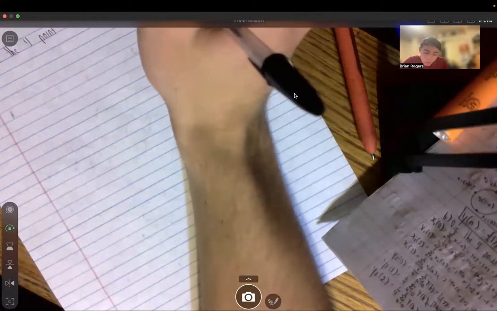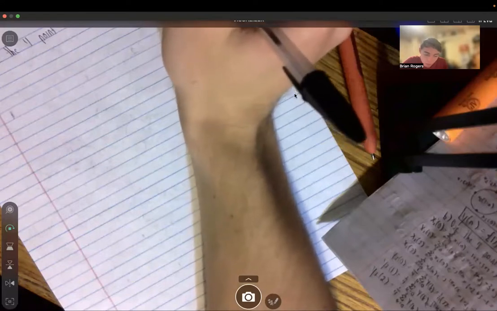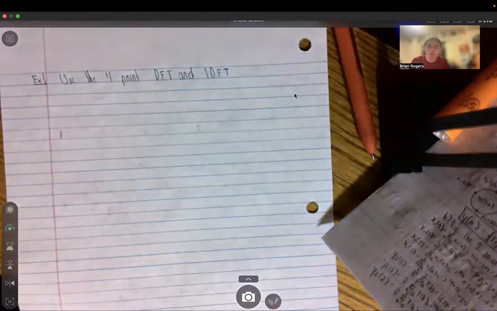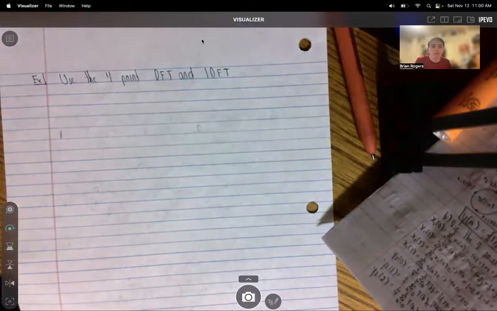This one will be a little more complicated of a process because you have to use more of the formulas. The formulas that are provided specifically are the ones that we wrote down beforehand.